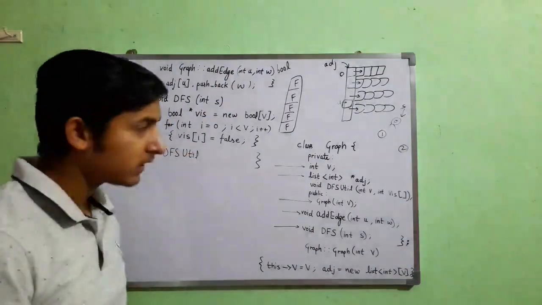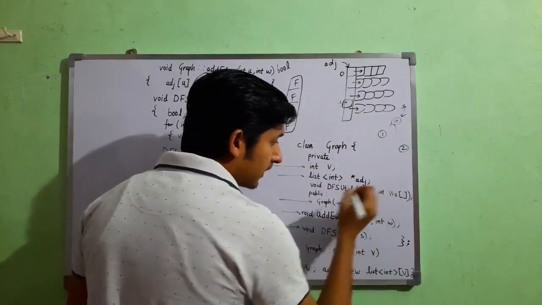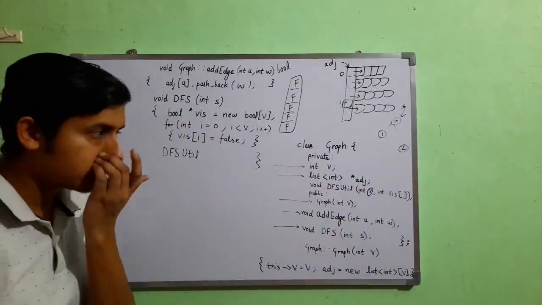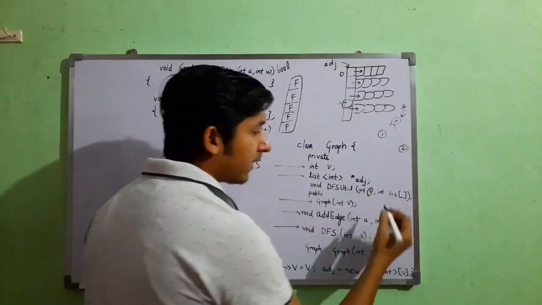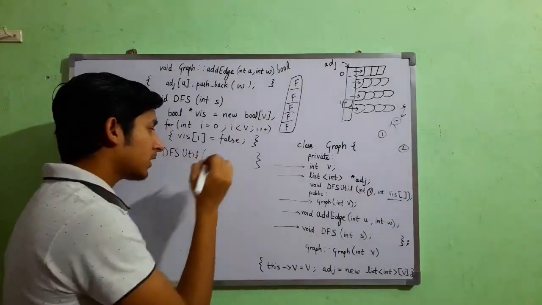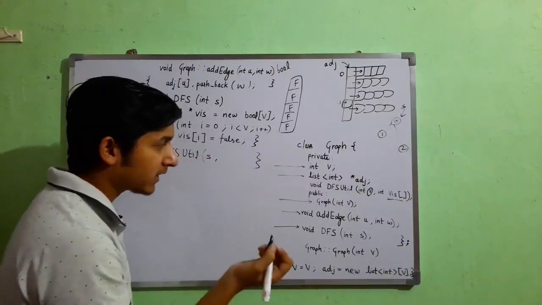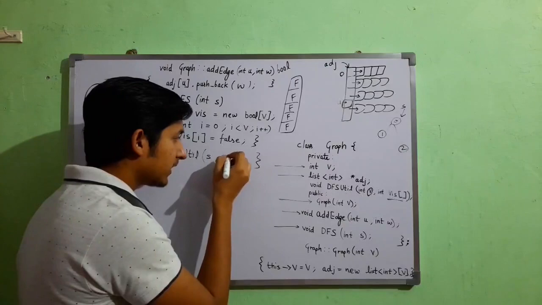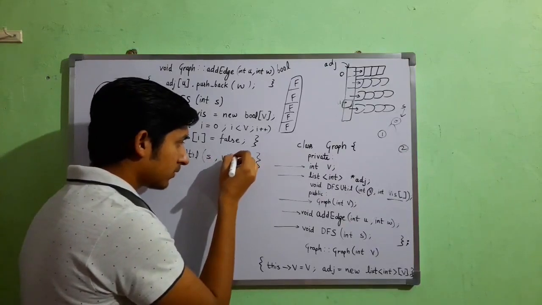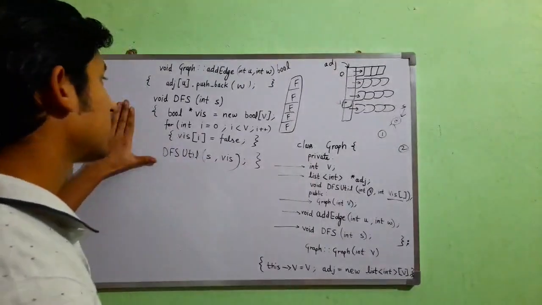Basically this function looks for children of the node passed to it, and it will update the visited array. Look for the children of s, and the present state of this visited array is just passed.